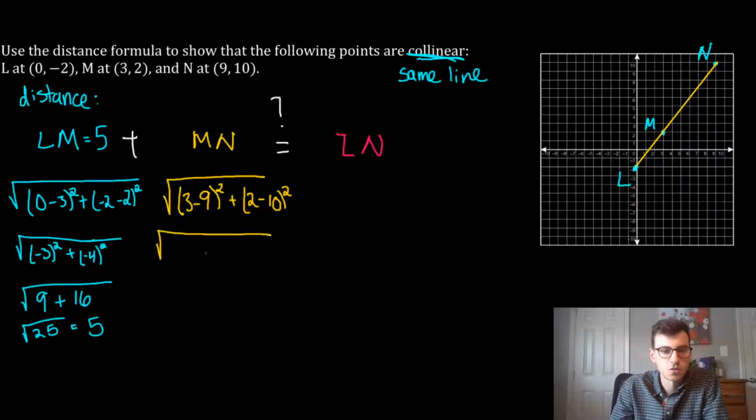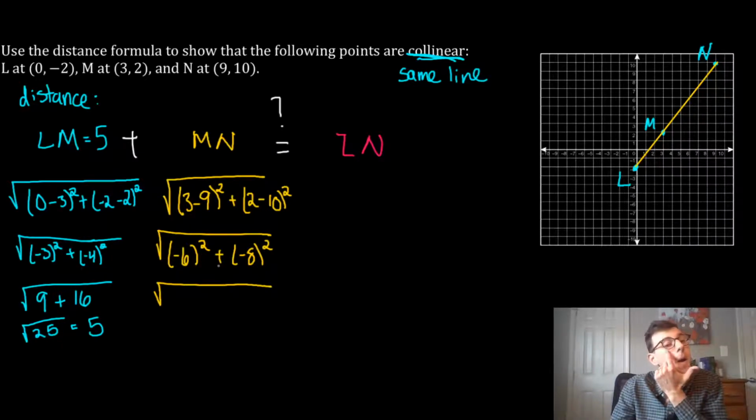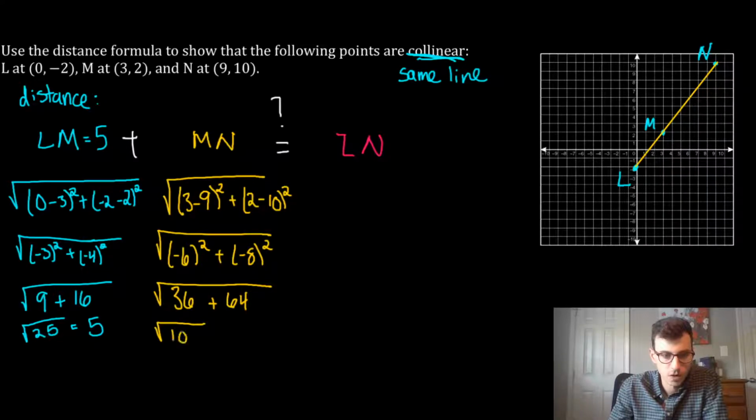So that's the square root of (-6) squared plus (-8) squared, which is the square root of 36 plus 64, and that is the square root of 100, which is 10. So MN is 10.